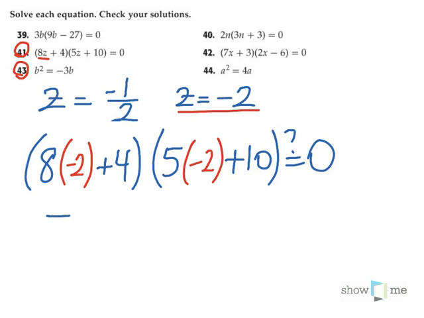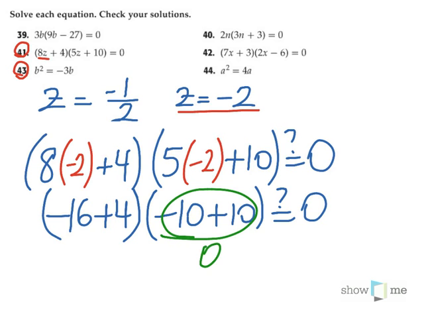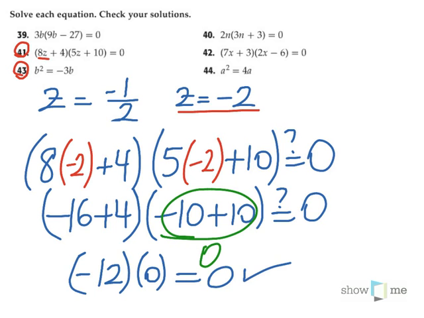This is minus 16 plus 4 in brackets, times 5 times minus 2 is minus 10 plus 10. Now we're checking if it's 0 or not. Now here, see, minus 10 plus 10 makes 0. So it will be minus 16 plus 4 is minus 12 times 0, which makes 0. So our solution is correct.